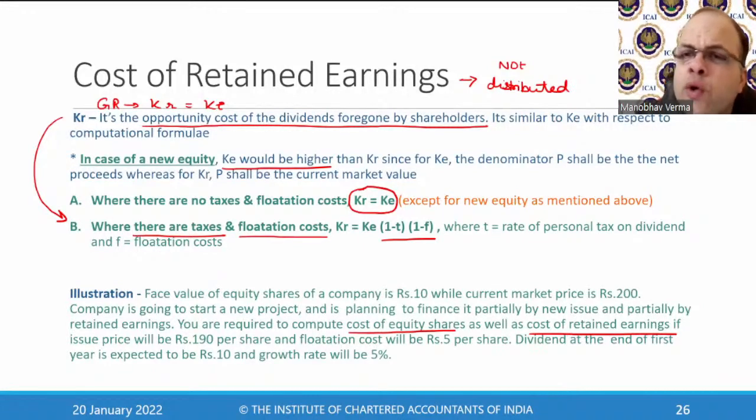So that means you are looking at D1 upon P0 plus g. That's what you are looking for. Pooja also said growth model. Yes, Saurabh, absolutely. So in this case, we need to calculate what is my D1. Let's solve it together.